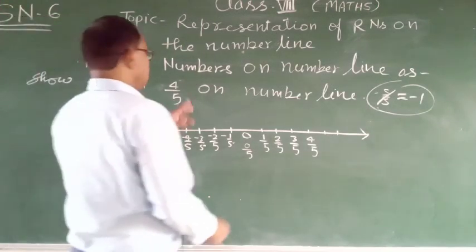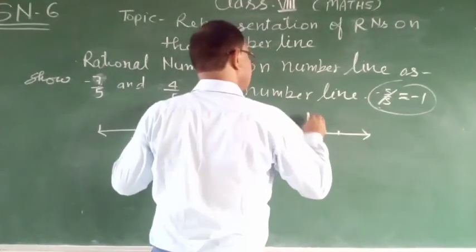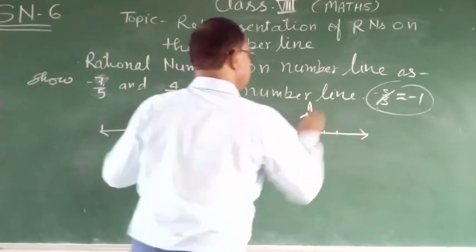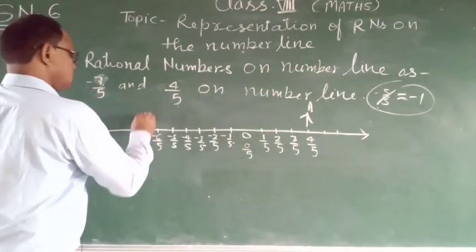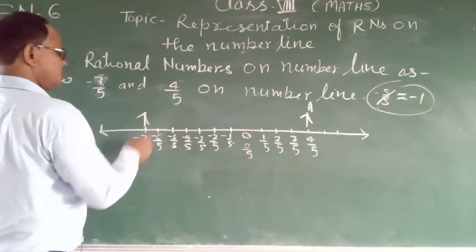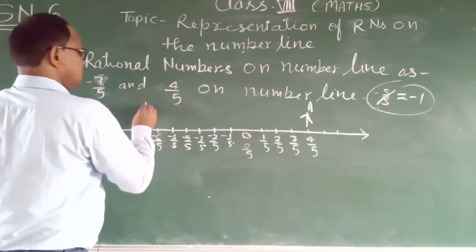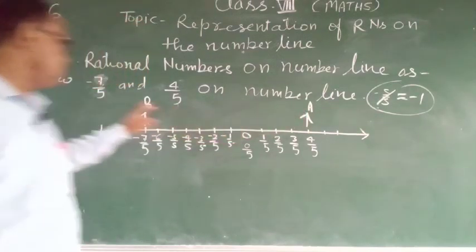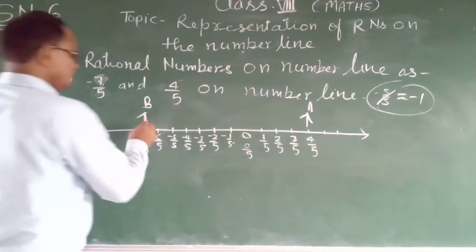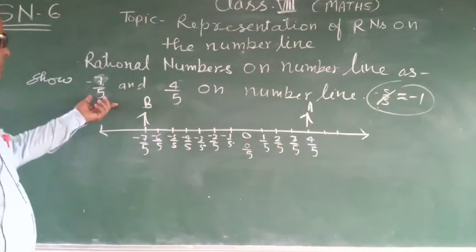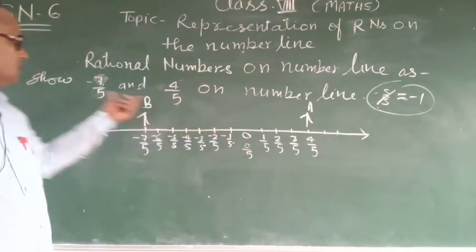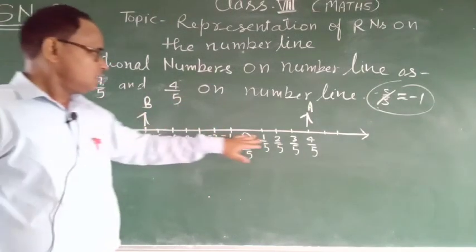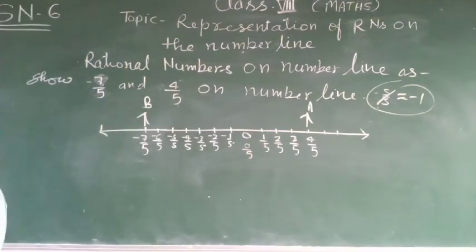Here we show 4/5, call it A, and here -7/5 on the left side, call it B, or you can also write P and Q. Okay, thus we show these types of rational numbers on the number line.